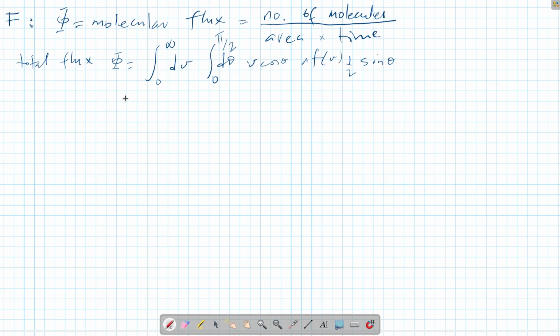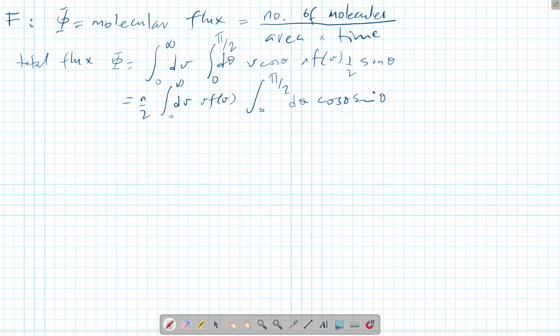So this is going to be n divided by 2, integration 0 to infinity dv v f of v, times this integration 0 to pi by 2 d theta cos theta sine theta, right?